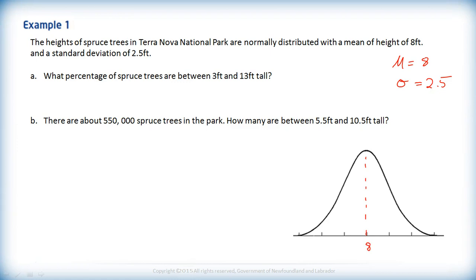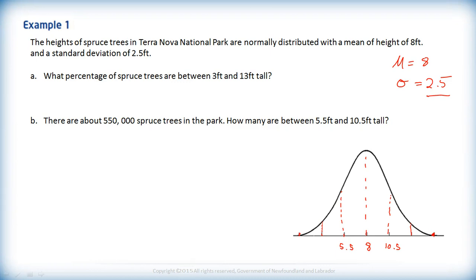Now, within 1 standard deviation of the mean, within 2 standard deviations, and within 3 standard deviations, we've got certain percentages of our data. Within 1 standard deviation of the mean, I'm allowed to go 2.5 feet above 8, which would take me to 10.5, and 2.5 below would take us to 5.5, wouldn't it?